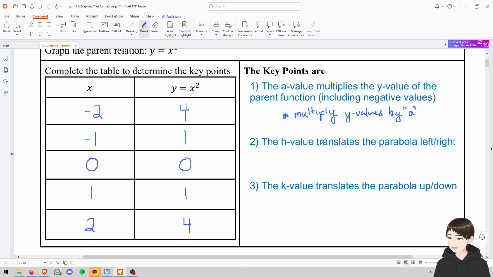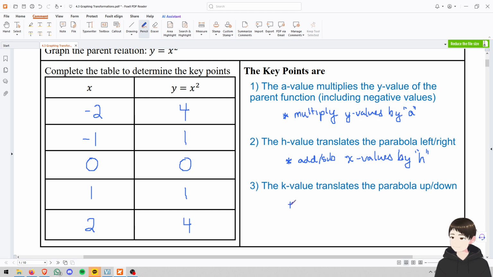Next, the h values. The h values, you're essentially adding or subtracting h, add or subtract the x values by h.